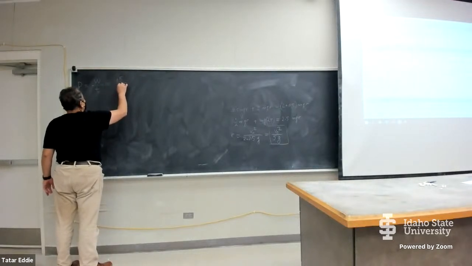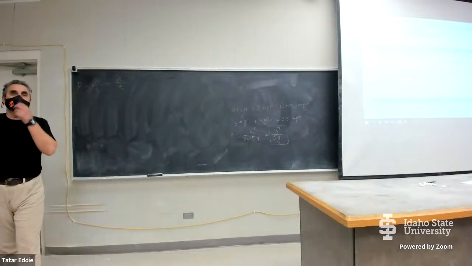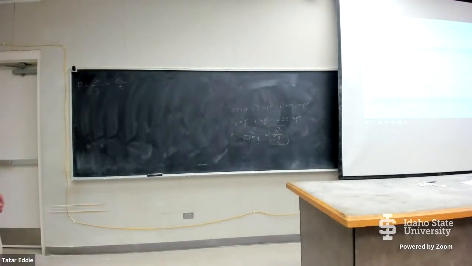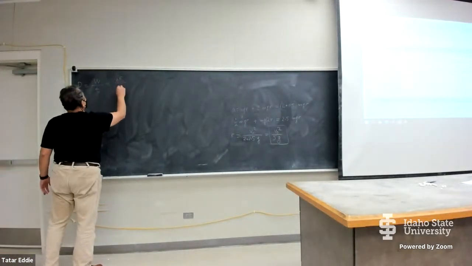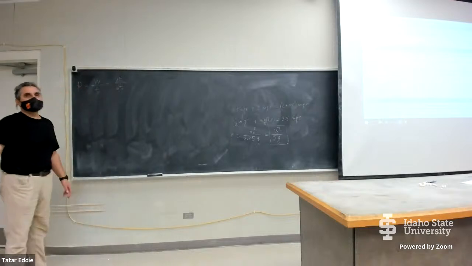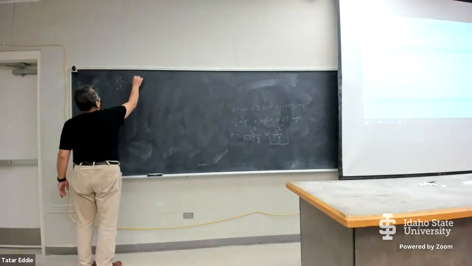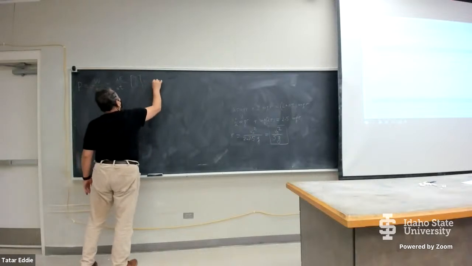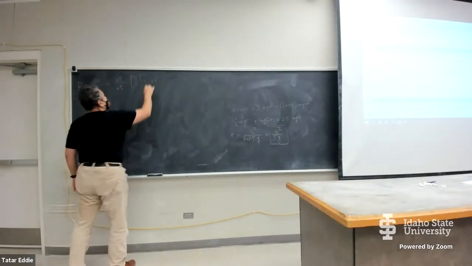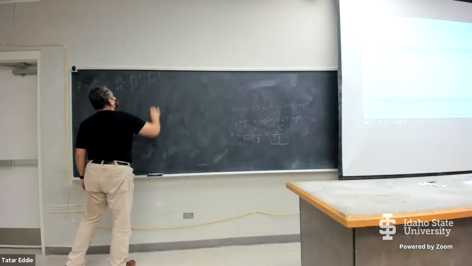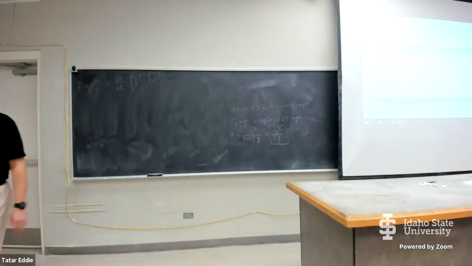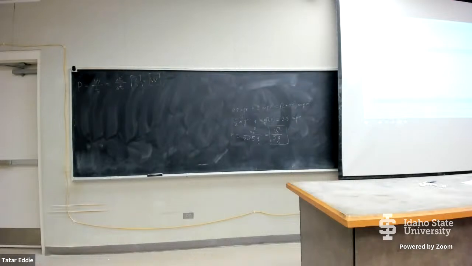So power is also energy change divided by the time during which this energy change happens. You can say it delta E over delta T if you want. The units are joule per second, and joule per second is called watt. So 1 watt is 1 joule of work done in 1 second. So this is the definition for power.